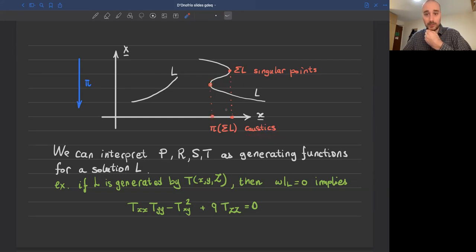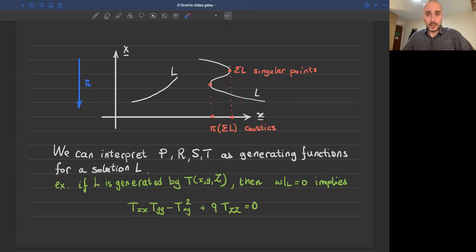Okay, so for example, this solution here cannot be represented as the graph of a gradient of a function, right? This is not possible. It can be done locally here, or maybe here, but we can't find one function which is able to describe this globally.